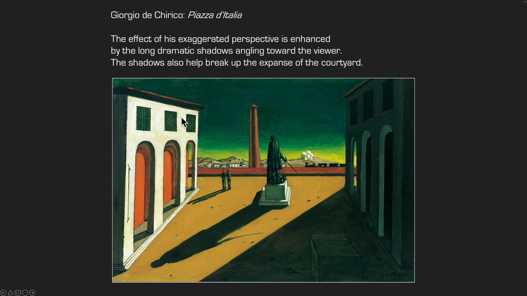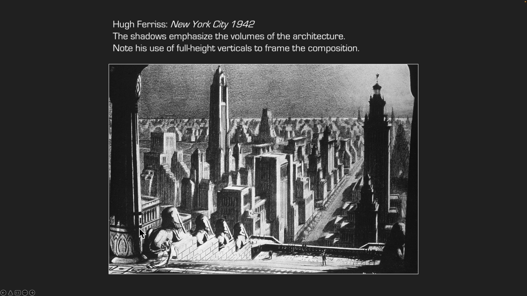It's coming from this side, hidden by this building, and you get these long dramatic shadows in the courtyard. Those shadows enhance the exaggerated perspective, and this huge expansive courtyard is broken up by deep shadows.